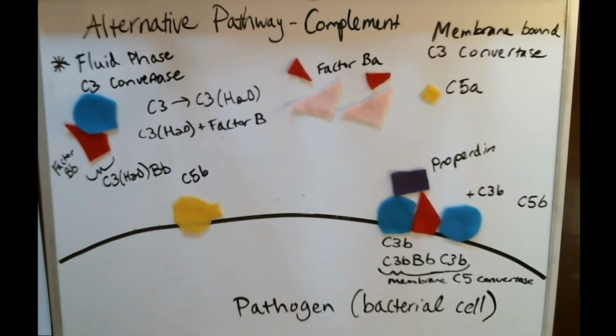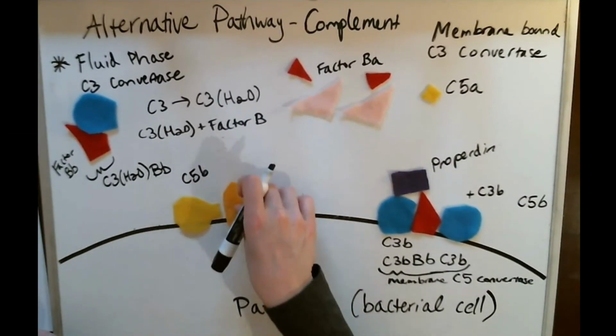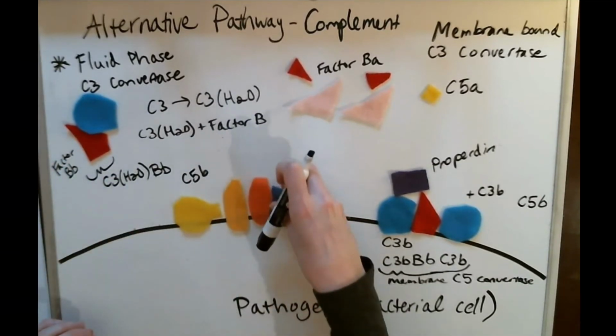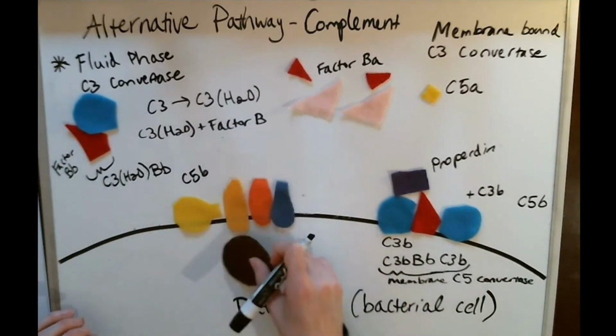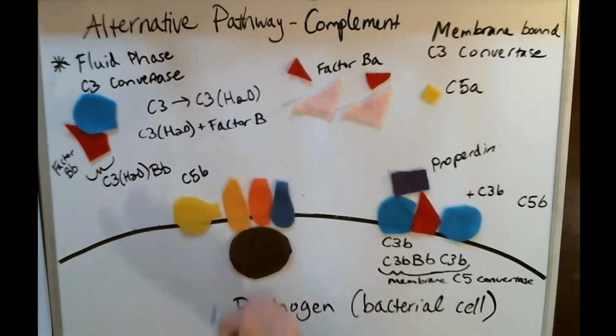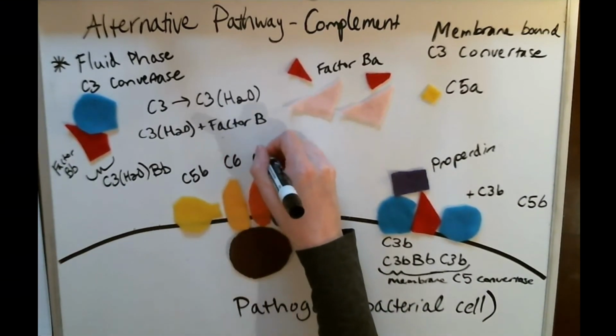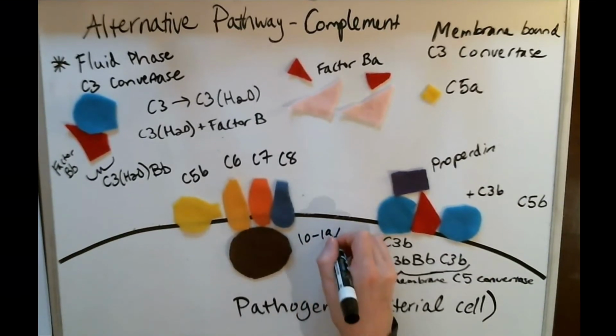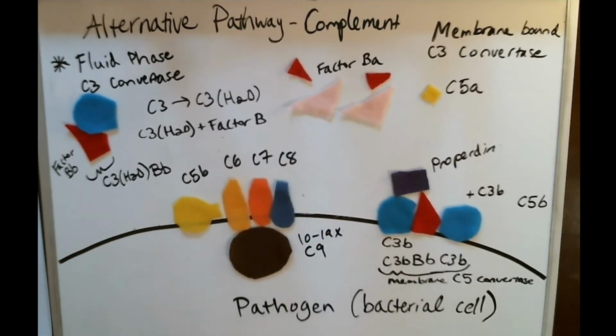Once we have that generated, then we have C6, C7, C8, and somewhere between 10 to 19 copies of C9 that are going to come in. And this whole complex then is what we call our membrane attack complex.